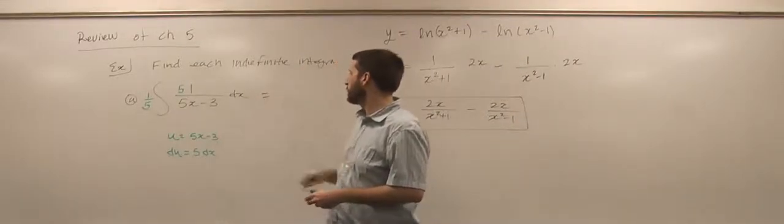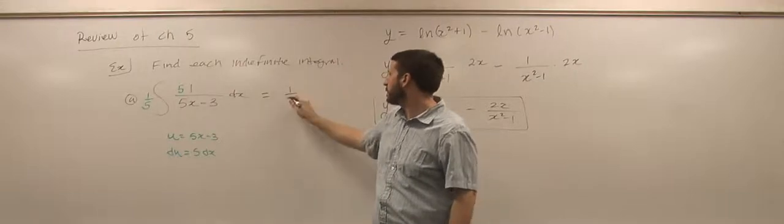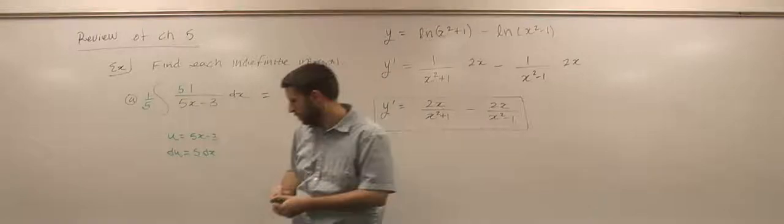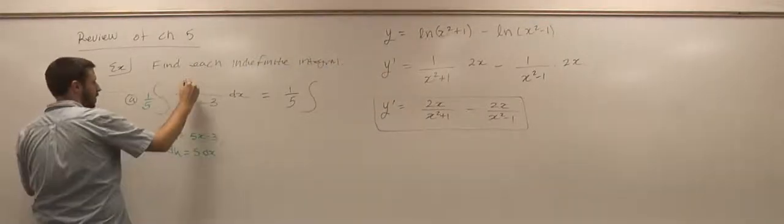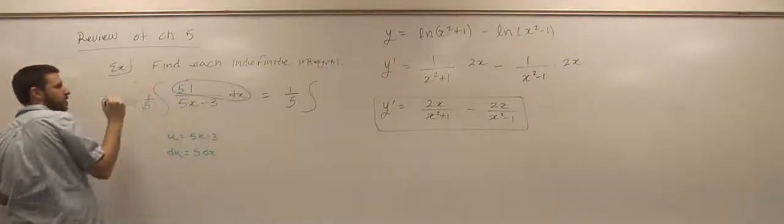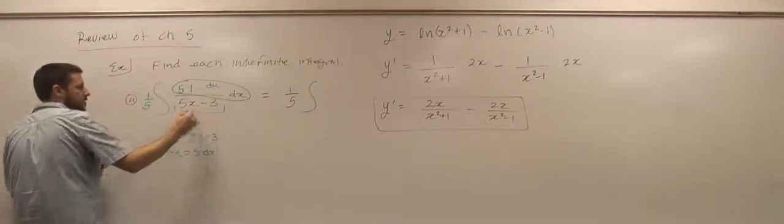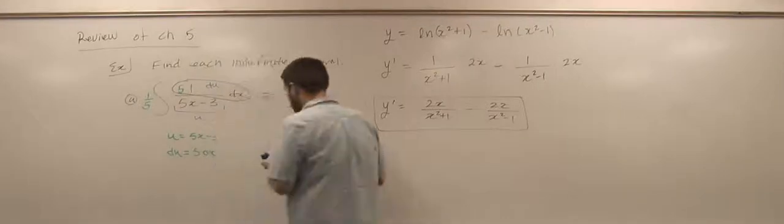So what does my integral become? 1/5 integral of all of this is equal to du. And this guy is equal to u. So it'll be du over u.